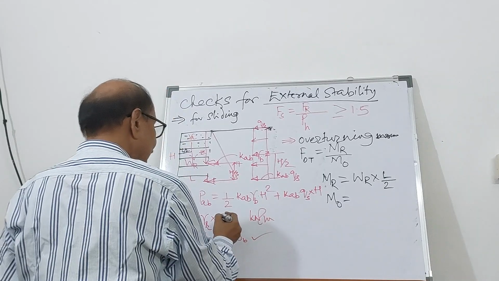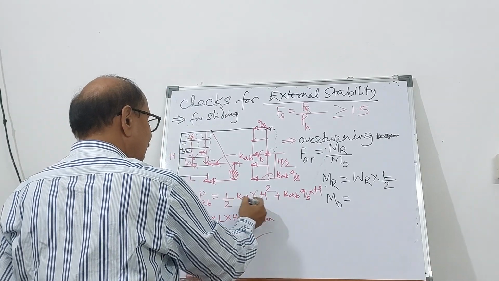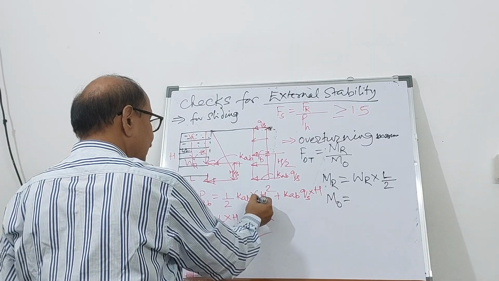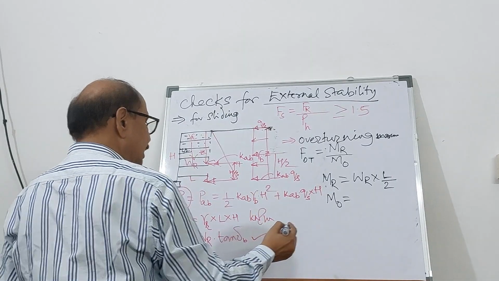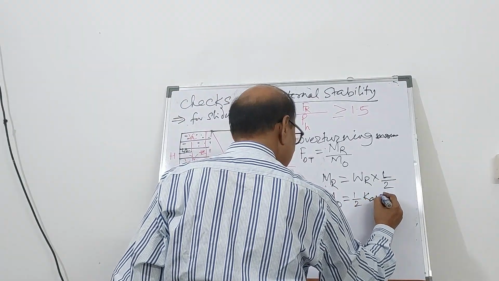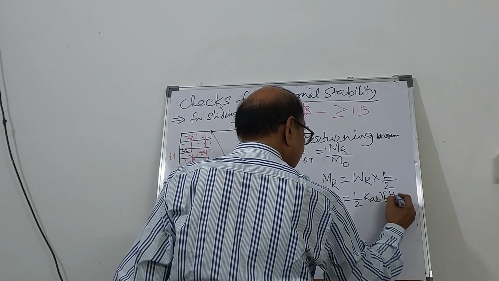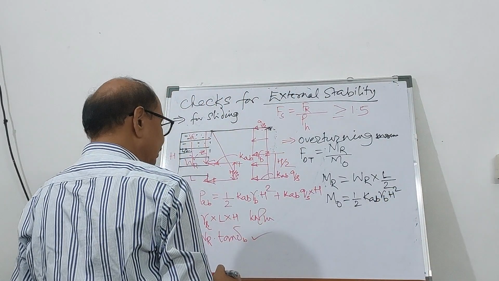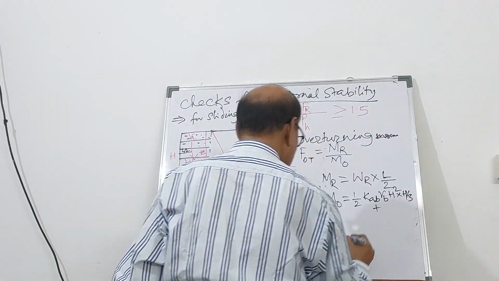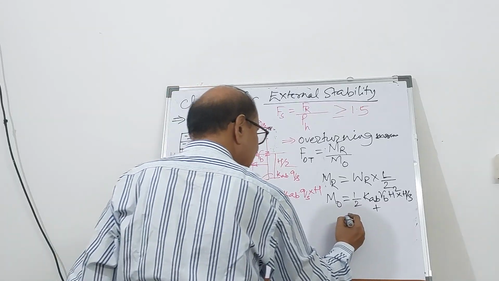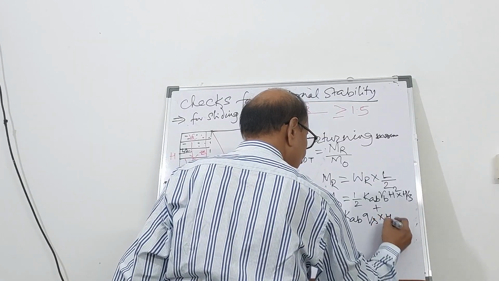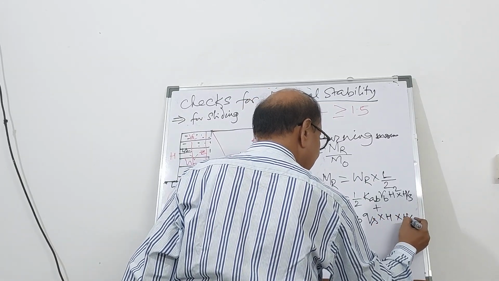This is going to be half KAB gamma B H square due to overburden, multiplied by H by 3, plus the other force KAB QS into H. This is the force which will be acting at H by 2.